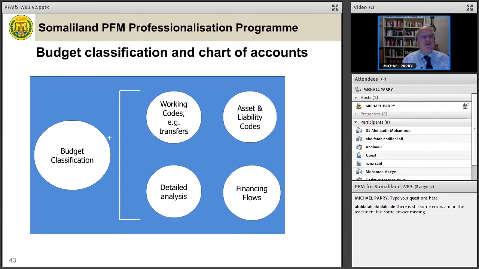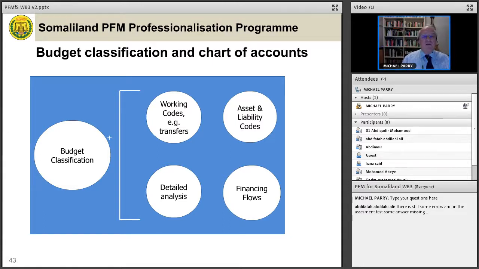If we look at the relationship between the budget classification and the chart of accounts, the budget classification is on the left. When you put it into the chart of accounts, you need additional codes. You need codes for transfers, cash in transit and things like that. The budget doesn't record assets and liabilities. I mean, you budget for flows, so you need asset and liability codes.